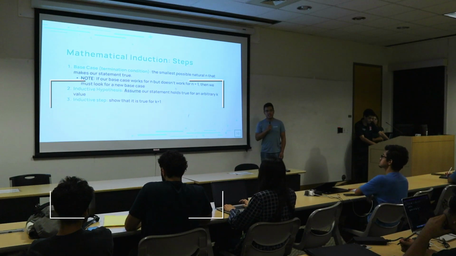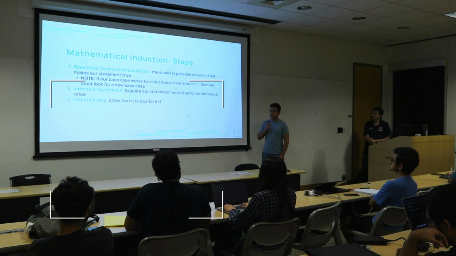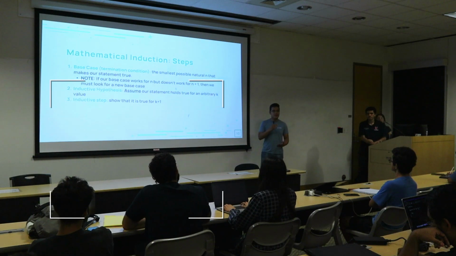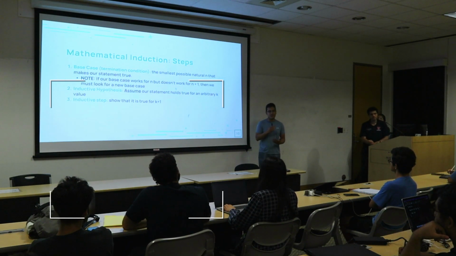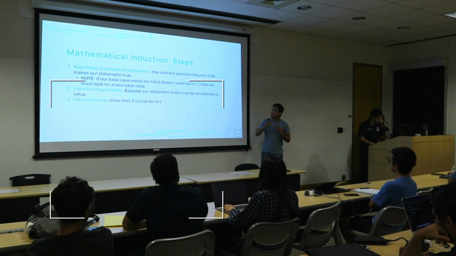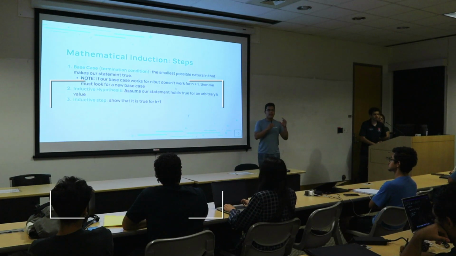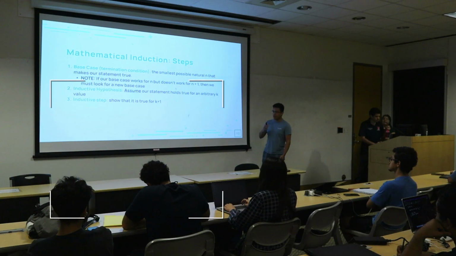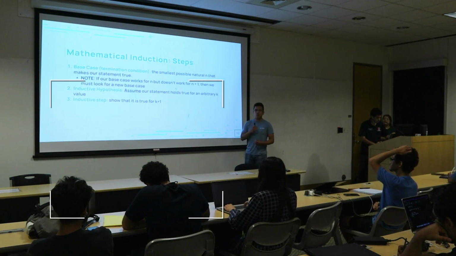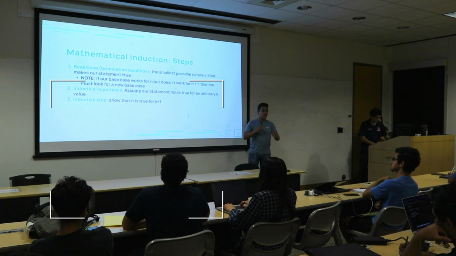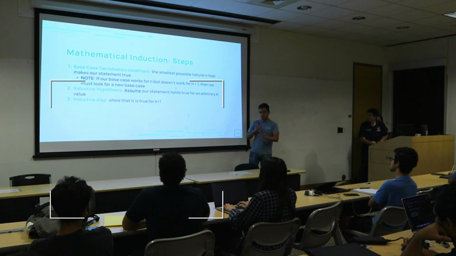Next slide. So, mathematical induction comes with 3 steps. The first one is the base case or the termination condition. You guys might be familiar with this terminology from your recursive functions. Essentially, a base case is the smallest possible natural number n where our mathematical statement is true. So it could be 1, 2, 3, and so on, as long as it's the smallest one.